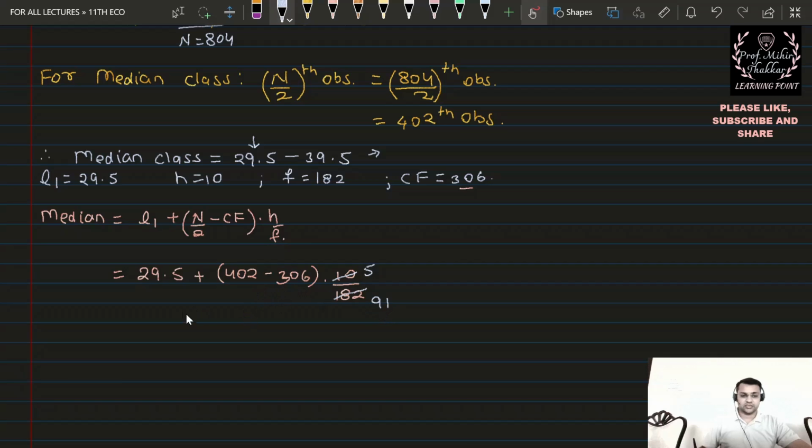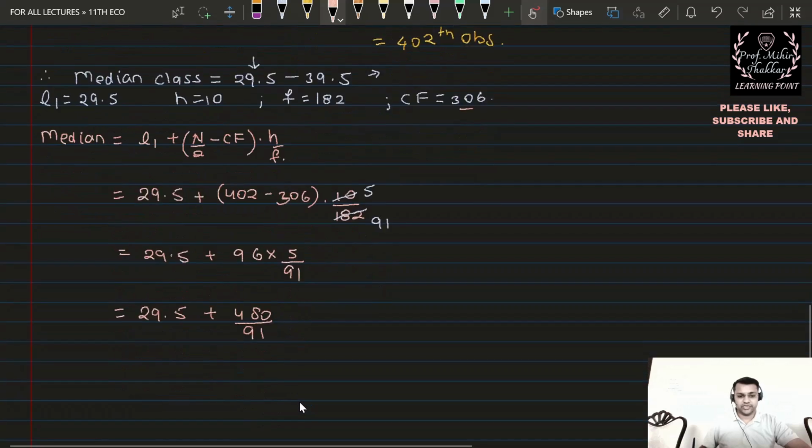402 minus 306, if you do, you will get the value as 96, multiplied by 5 upon 91. So 96 into 5, that will give you 480 divided by 91.